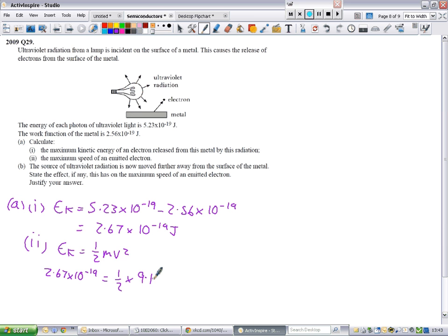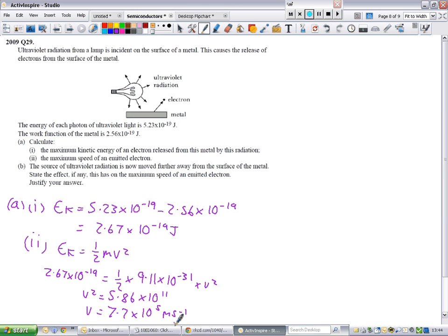That's 9.11 times 10 to the negative 31 kilograms, and now all that multiplied by v squared. So v squared comes in at 5.86 times 10 to the 11, making v 7.7 times 10 to the 5 meters per second.